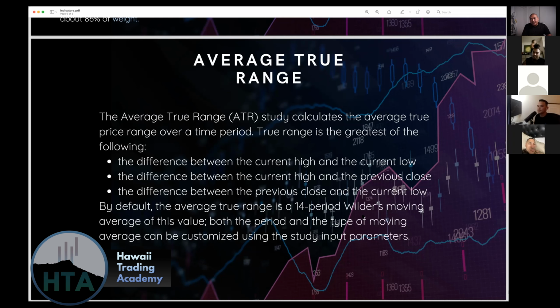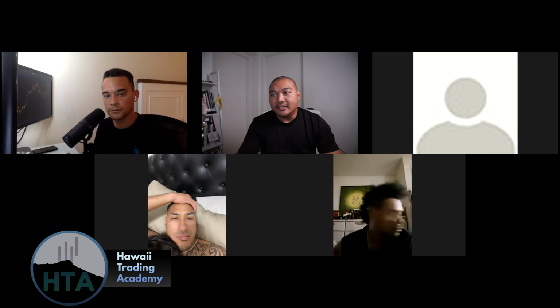It pretty much just calculates how much price moves of a certain market, Apple or Google or Euro or crypto, how much Bitcoin moves over a span, how much it moved over 15 days. You know what I mean? And you're just taking that average. And what it tells me, with average true range, is volatility.